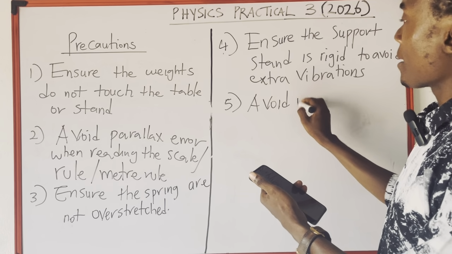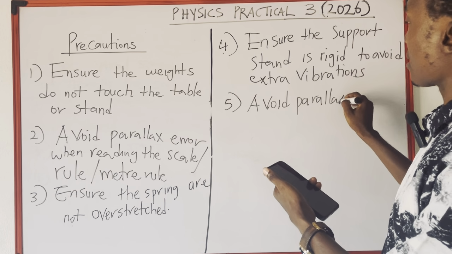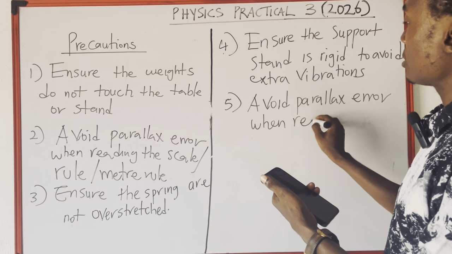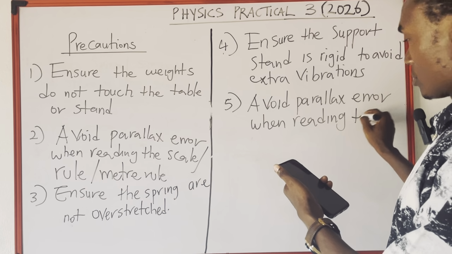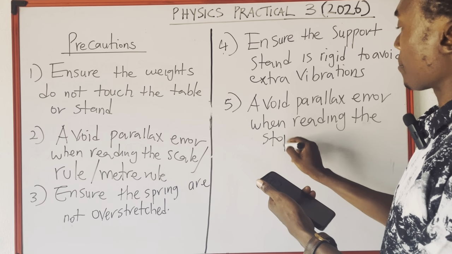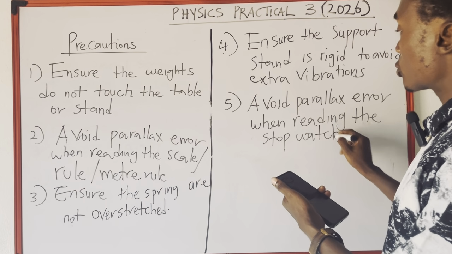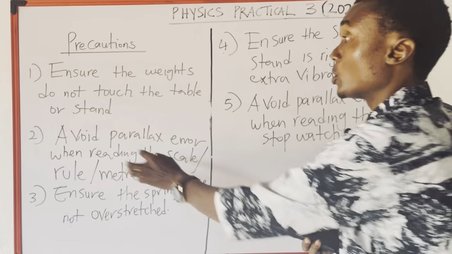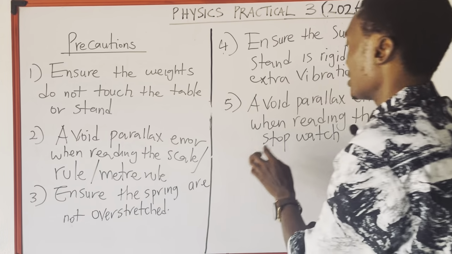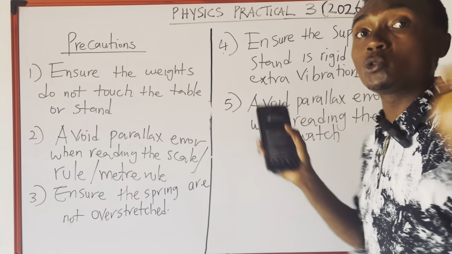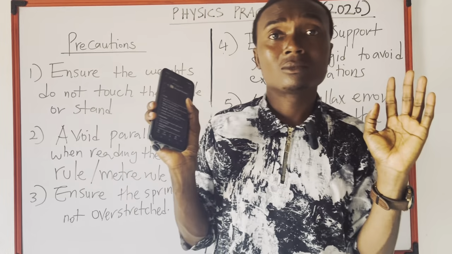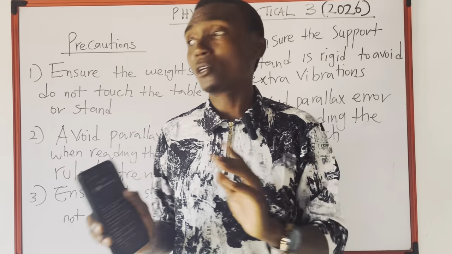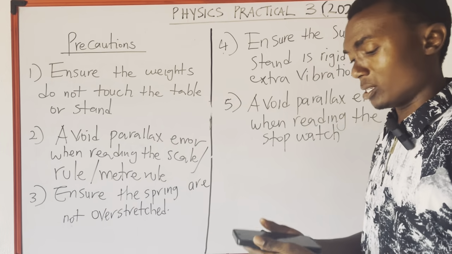Avoid parallax error when reading the stopwatch. You see what I'm telling you? So those are the two. If it's only these two you're able to write, they'll give you your mark. If you write avoid parallax error when reading the scale, avoid parallax error when reading the stopwatch, you get your mark. 2 marks, you just get it. So if it's only these two you are writing, fine. Okay, now let's move again.